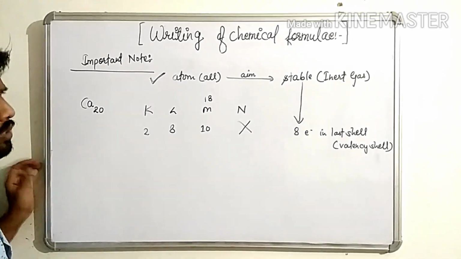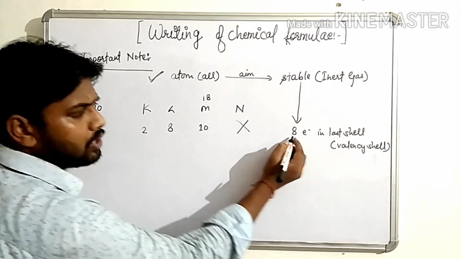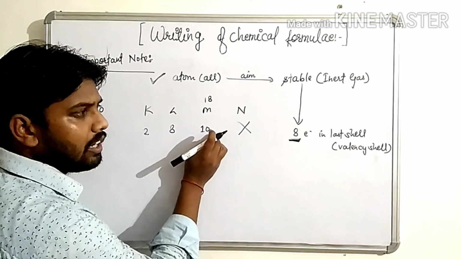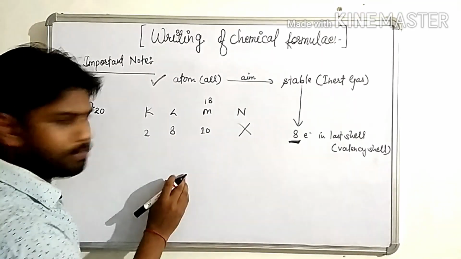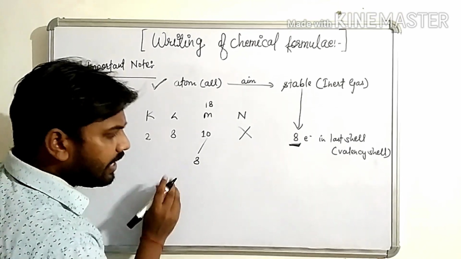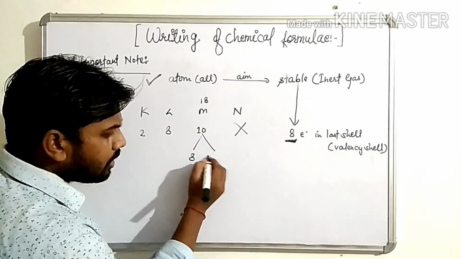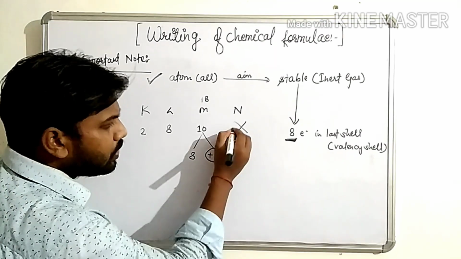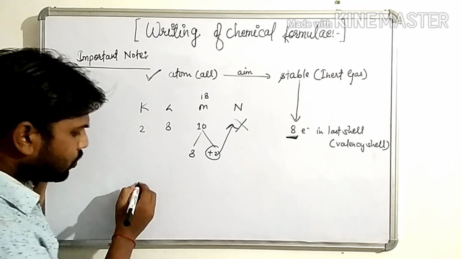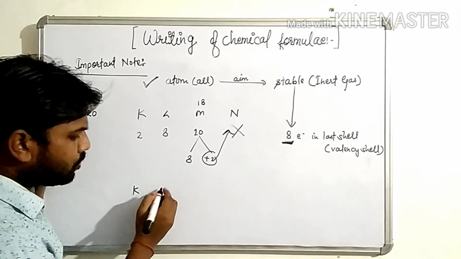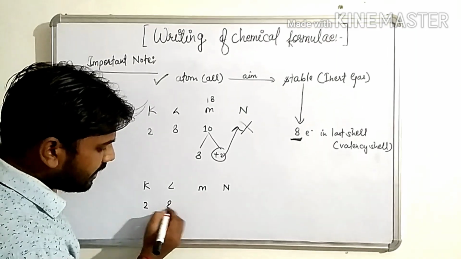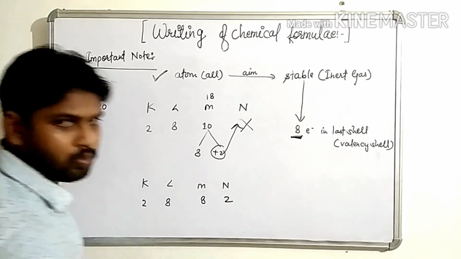So first it will fill 8 electrons and the remaining 2 electrons will go into another cell. Clear children? So the new distribution of electrons in K, L, M, N will be 2, 8, 8, 2.